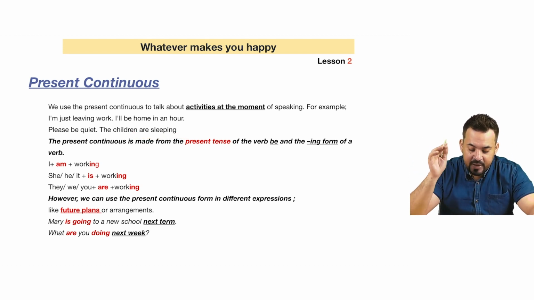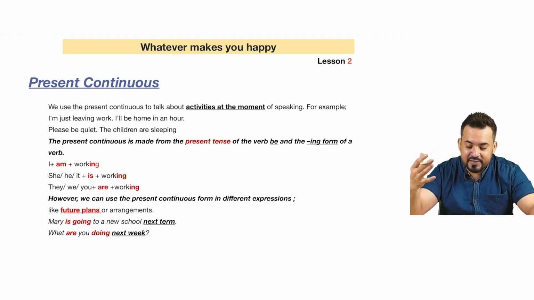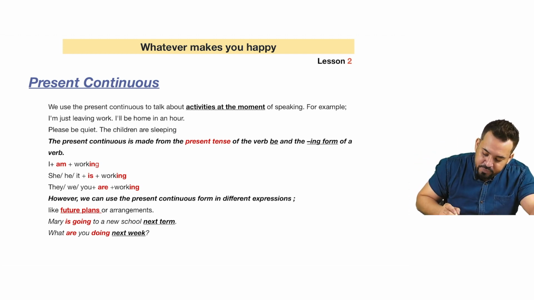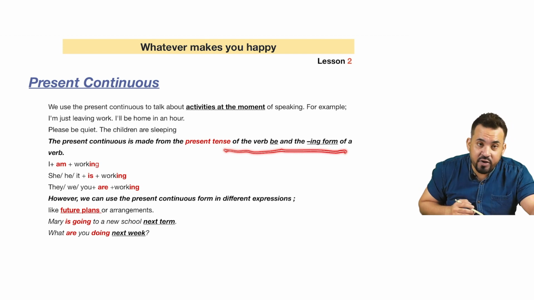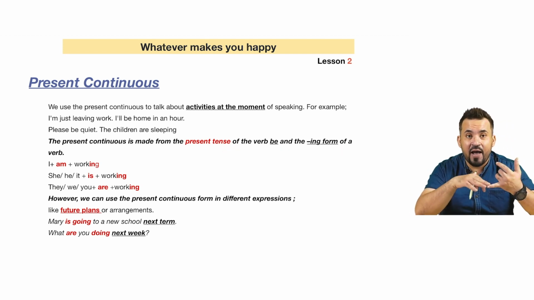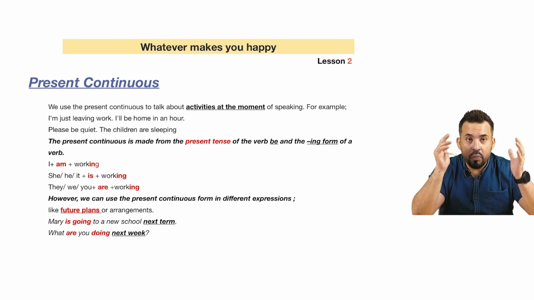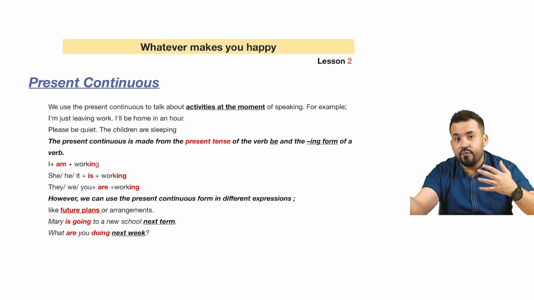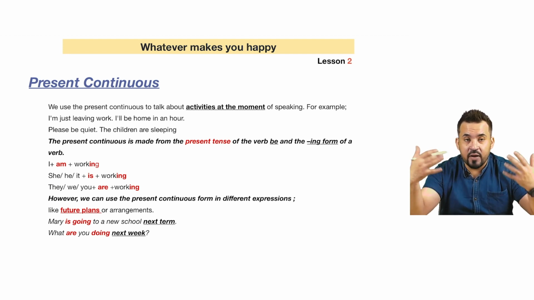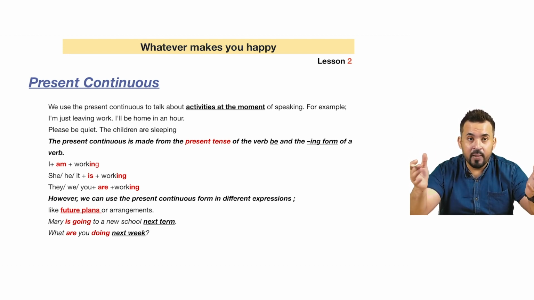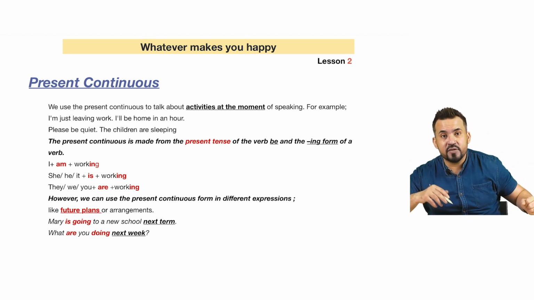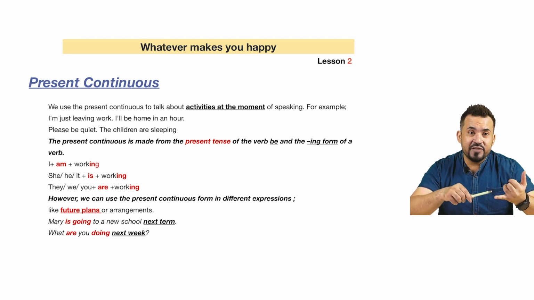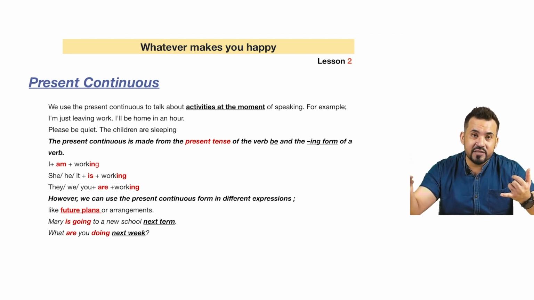The present continuous is made from the present tense of the verb be and the ing form. As we said, if we have a verb to be in the sentence, is, am, or are, or even in the past, was and were, we always add ing to the verb that follows. If it's in the present, it will form the present continuous.